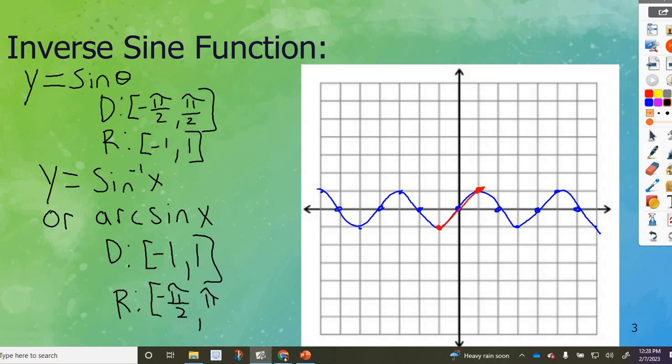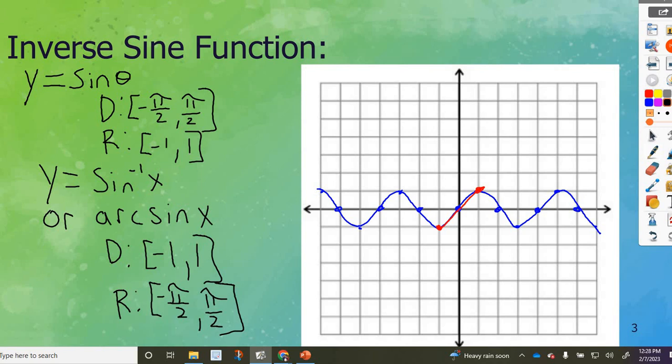So our domains and ranges will also be flipped. So now my domain is -1 to 1, and the range is negative pi over 2 to pi over 2. Questions on that so far?